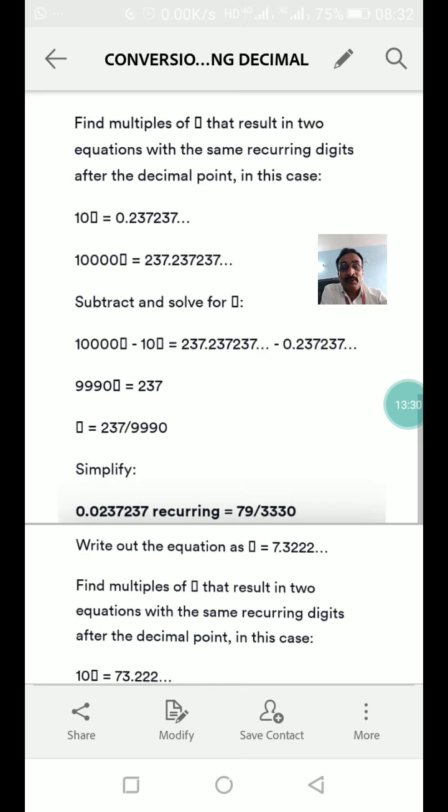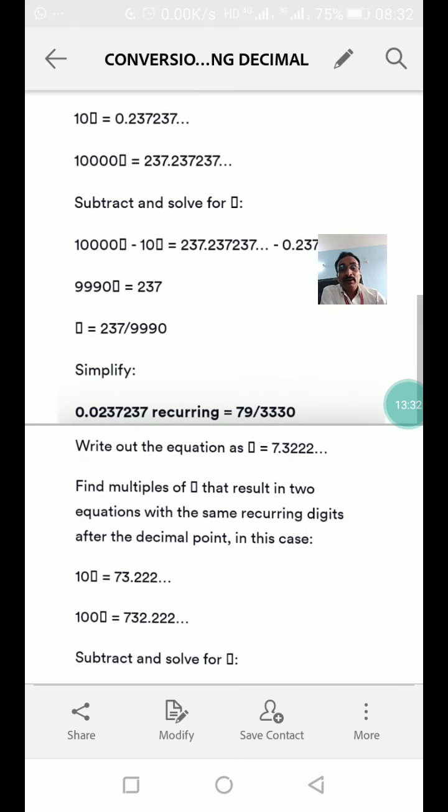Just like x equal to 7.3222... Find multiples of x that result in two equations with the same recurring digits after the decimal point. In this case, you get 10x equal to 73.222 and 100x equal to 732.222.